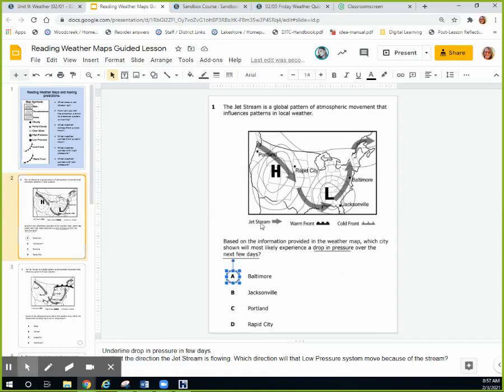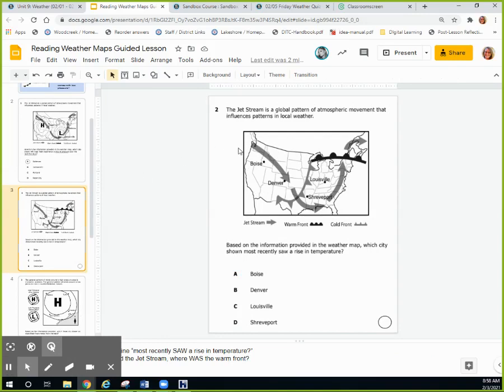So what we discussed is we underlined drop in pressure over the next few days. We identified that Jacksonville is our current city experiencing a low pressure system, but due to the jet stream, this low pressure system is going to move up toward Baltimore. So in the next few days, Baltimore should be experiencing a drop in pressure.